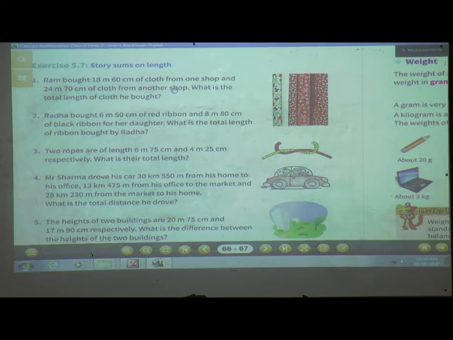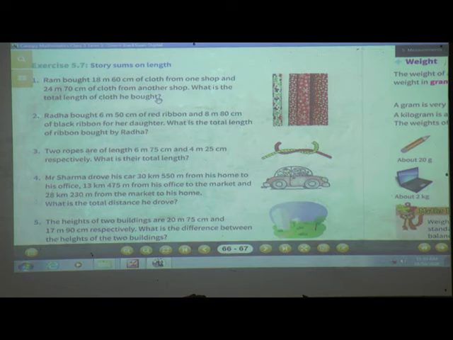He bought two pieces of cloth. The length of one cloth is 18 meter and 60 centimeter and the length of the other cloth is 24 meter 70 centimeter. And the question is, what is the total length of cloth he bought?